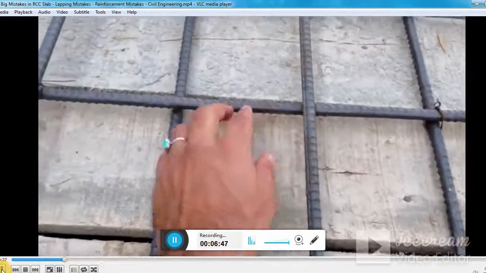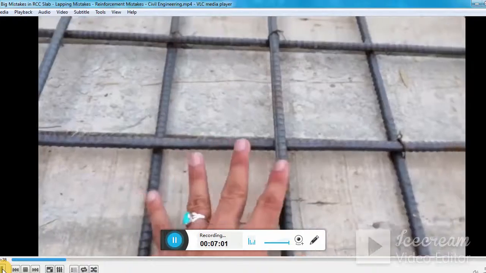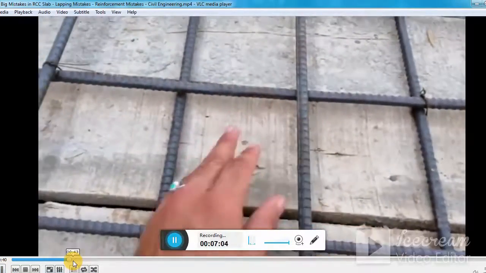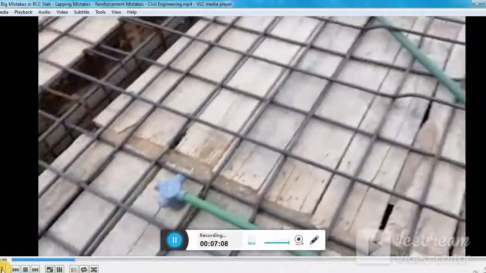I commented on this part in my lecture number 1. Please watch lecture number 1 on whether it is correct or not, whether it is necessary that both the bar diameters should be the same or not. Now you can see there are some other mistakes which I have to point out.